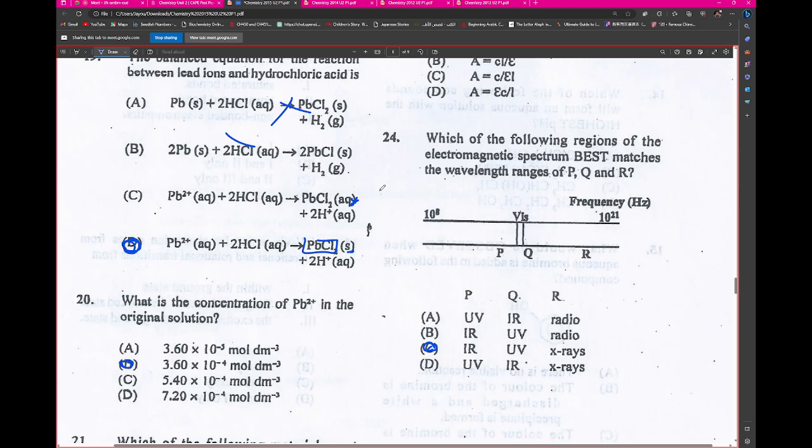Or wait, what would radio waves be? Where would radio waves be? I think that's probably the determiner here. Where would radio waves be? It would be like before P, like way closer to the 10 to the positive 8.